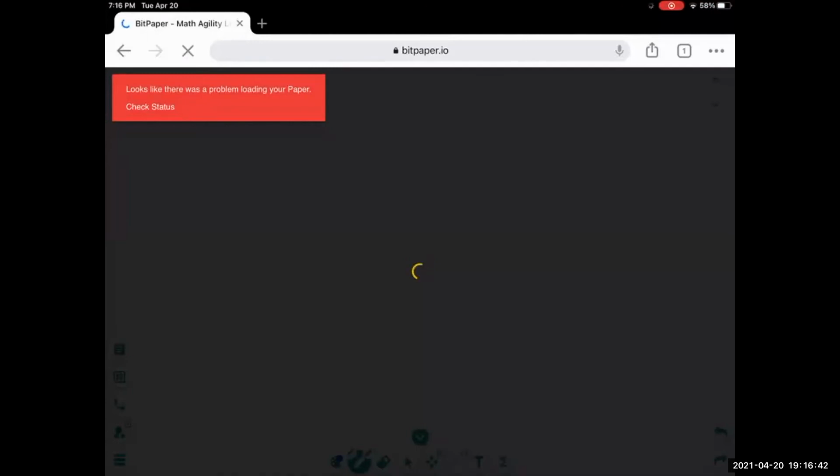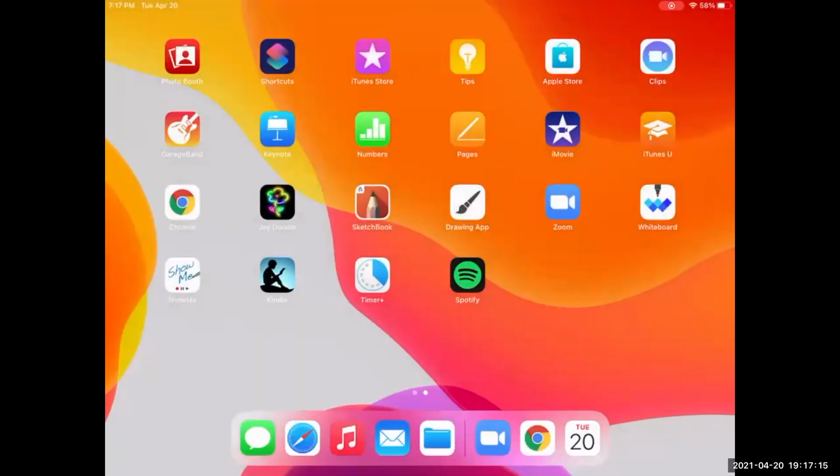Okay, the paper is still loading. Give me 1 second for this to fix. It keeps on loading. Okay, let me use another virtual board. Sorry.